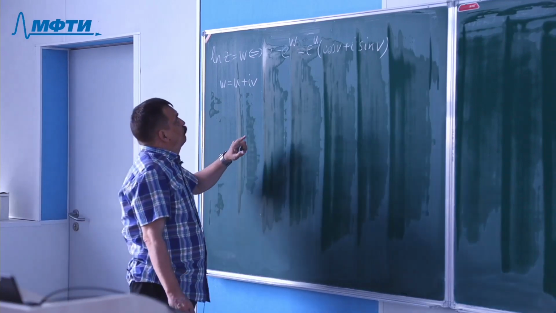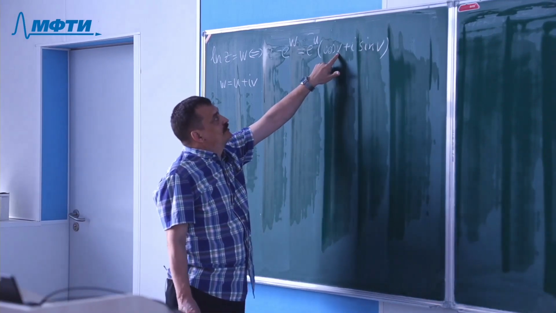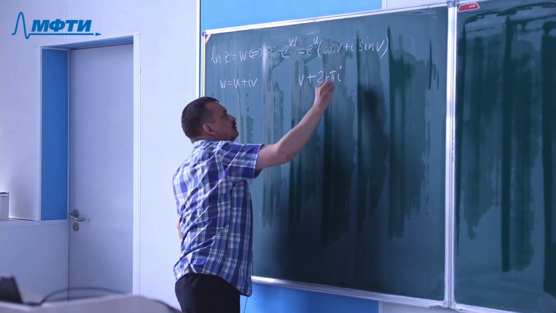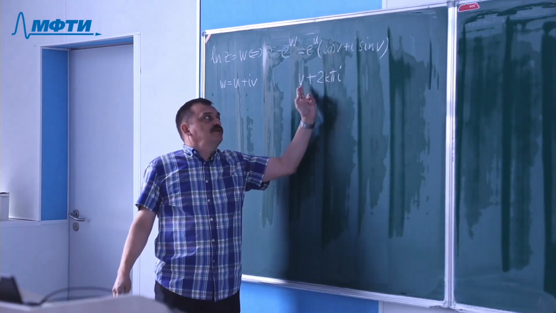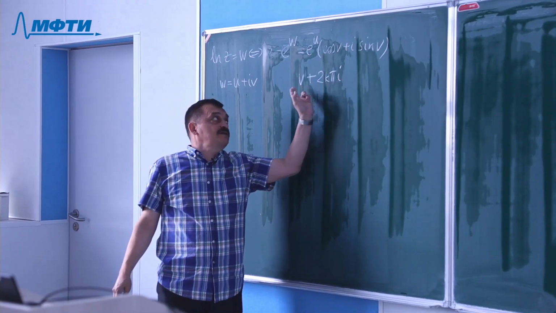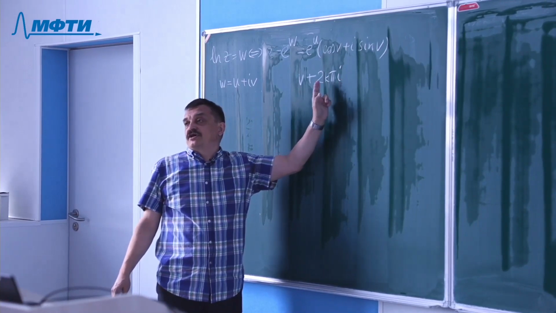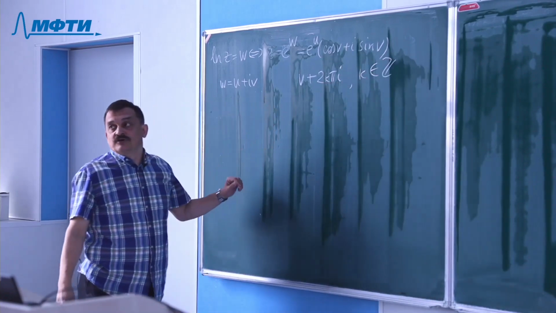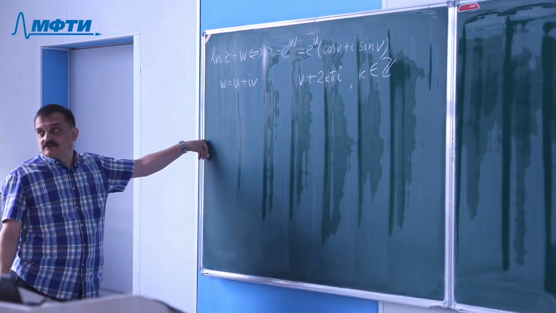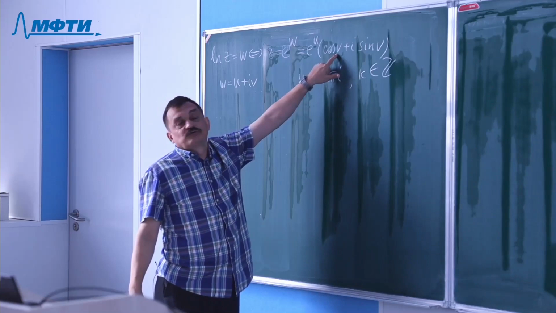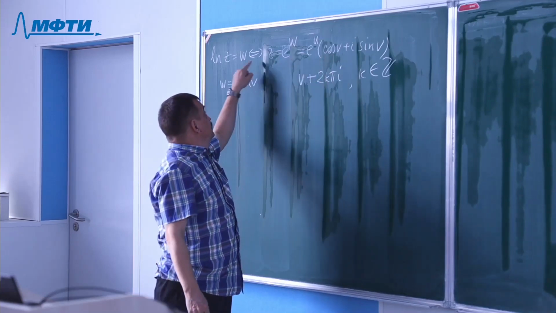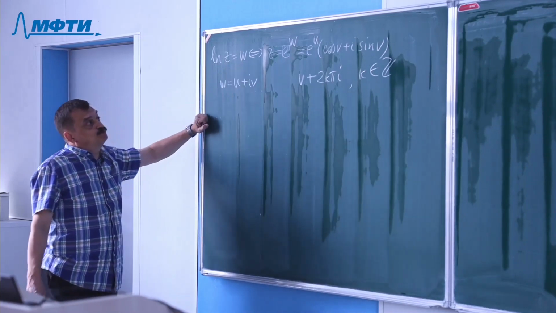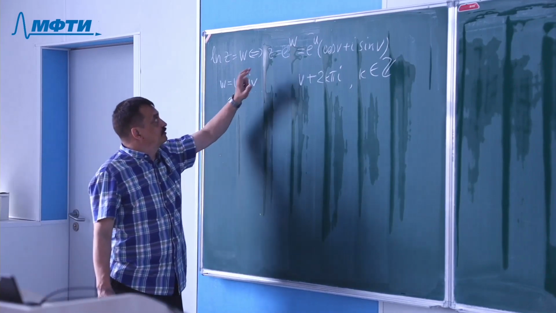It means that if I replace v by the expression v plus 2k pi, where k is an integer and i is the imaginary unit, then what happens? Substitute here, we get the same value of z, sorry.